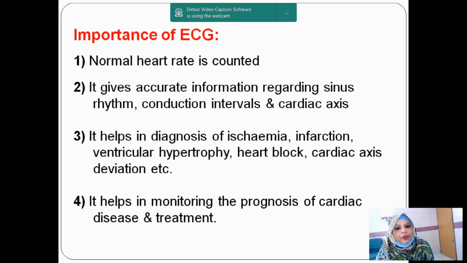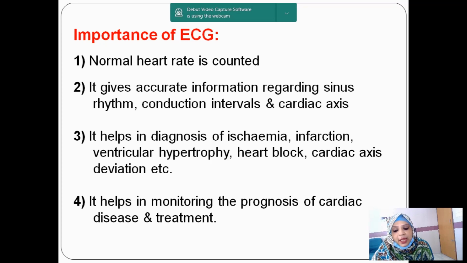Number 3, it helps in diagnosis of ischemia, infarction, ventricular hypertrophy, heart block, cardiac axis deviation. That is, we can identify heart diseases like these. Number 4, it helps in monitoring the prognosis of cardiac disease and treatment. These are the 4 importances or significances of ECG.